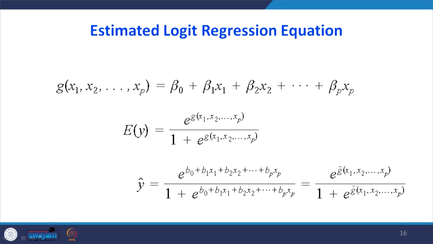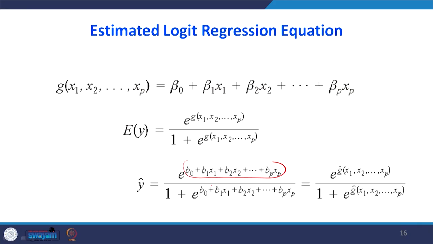So when I write the hat symbol, it is the estimated value, y hat, g hat. This can be written as e to the power g hat of x1, x2 up to xp divided by 1 plus e to the power g hat. Why are we taking e to the power and taking log?